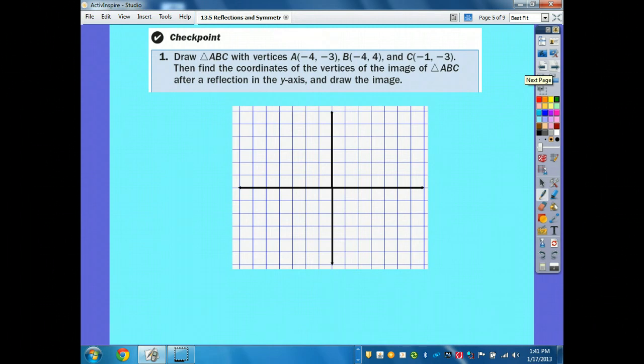Okay, first thing we want to do is what? Plot what? Excellent, thank you. Plot the original. I'm going to do this one.